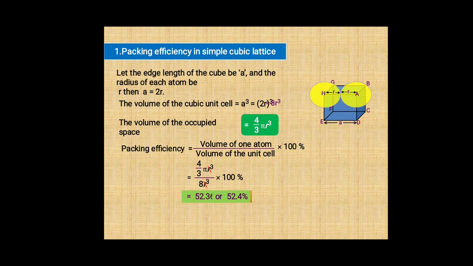So by simplifying, you are going to get the answer as 52.36 or 52.4%. This gives us information that if the solid is made up of simple cubic unit cell, then 52.4% of space is occupied by the spheres or atoms. Rest is empty space.